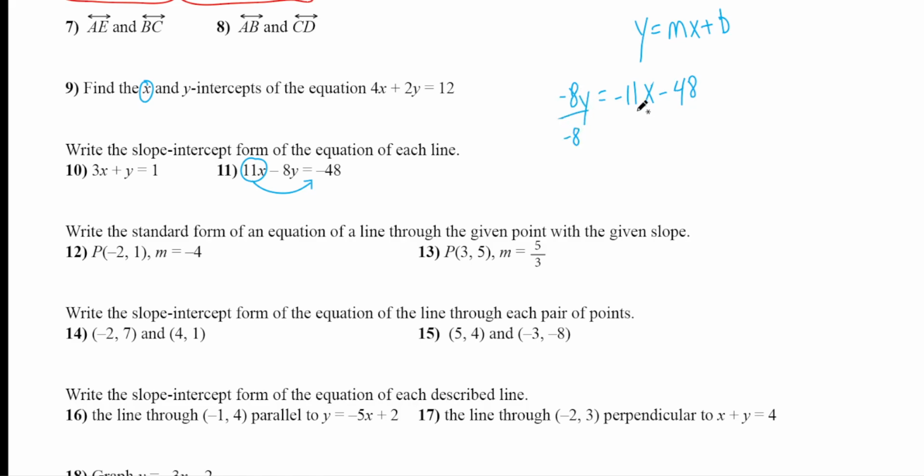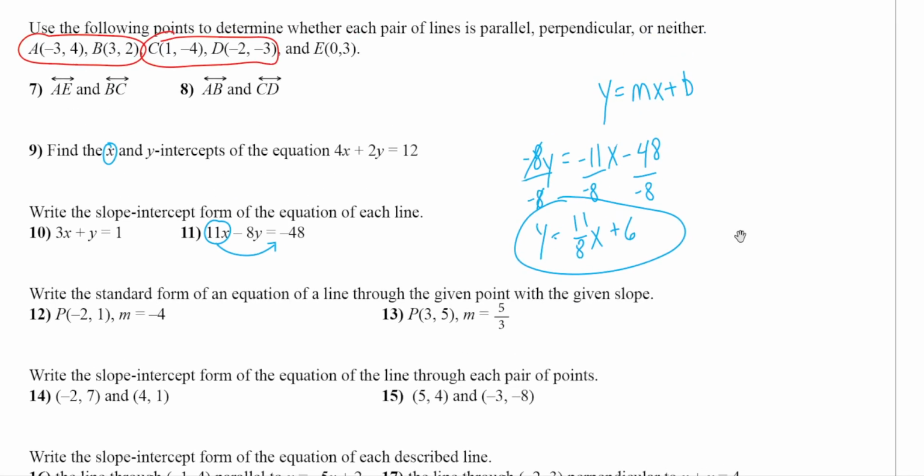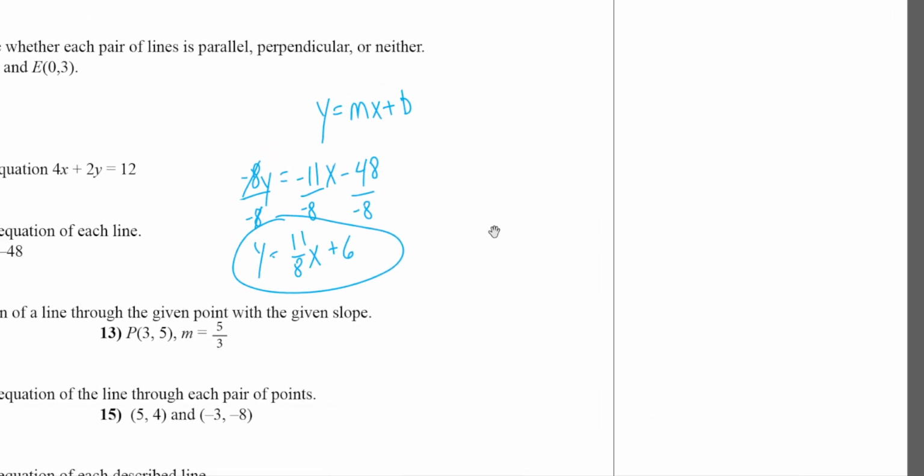It's a negative 8. What do we got against negatives? All right, that cancels out. Y equals negative over negative is positive. 11 over 8x, what's this? Plus 6. And that is in slope-intercept form. Questions?